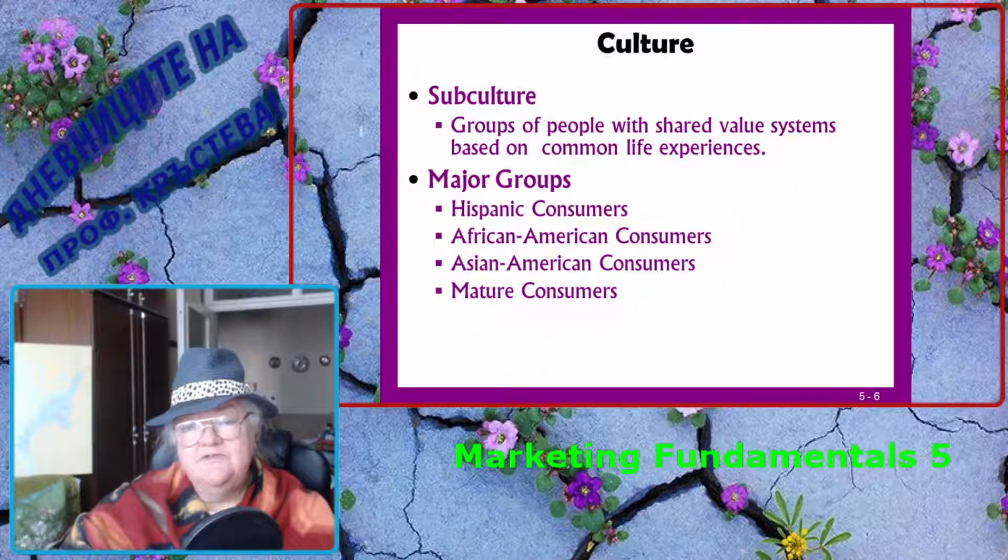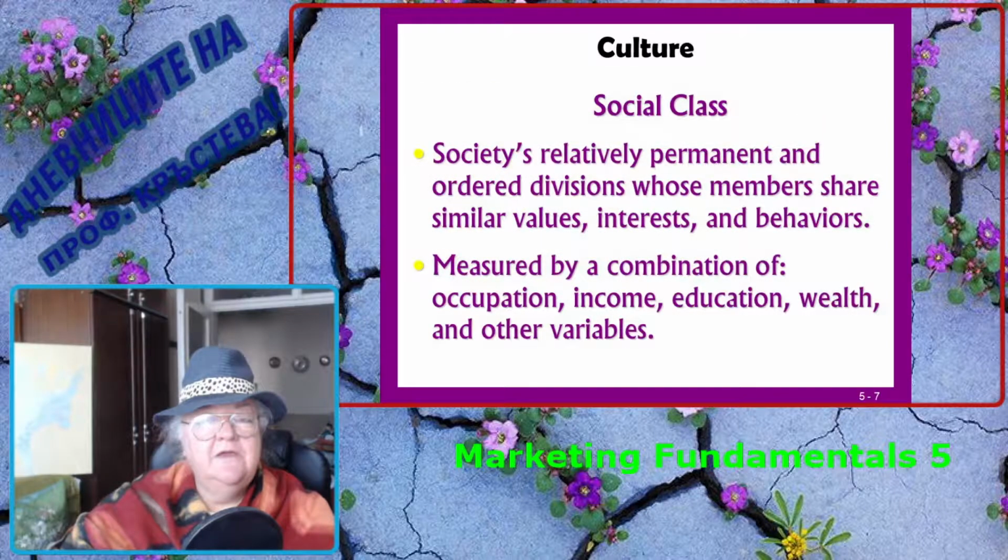What is subculture? These are groups of people with shared value systems based on common life experiences. Which are these major groups? You may have in the US market Hispanic consumers, African American consumers, Asian American consumers, and mature consumers. What is social class?